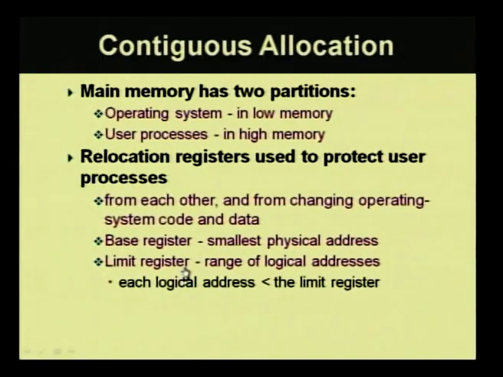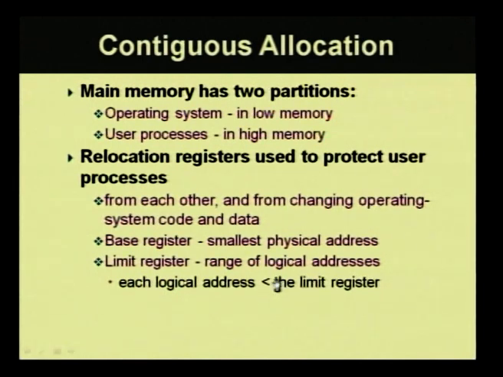The base register houses the smallest physical address, or the smallest memory address, from which a process has to be loaded. The limit register gives the entire range of logical addresses, or the entire sweep of a memory area up to which the process can be loaded.